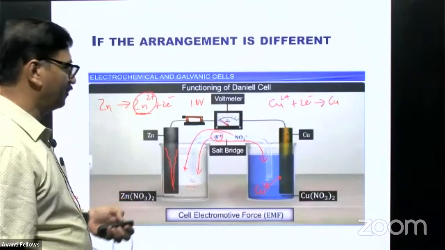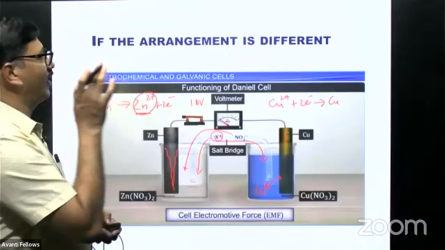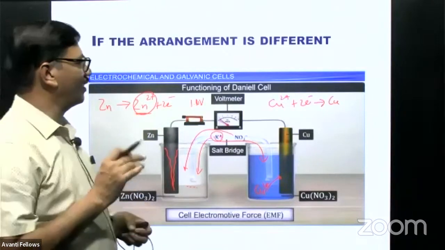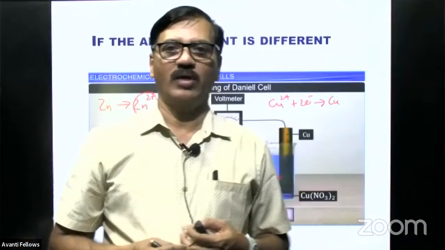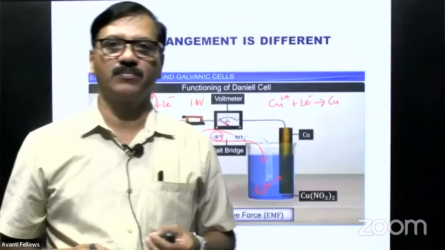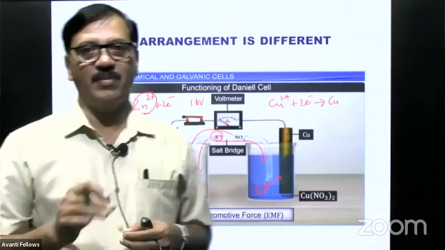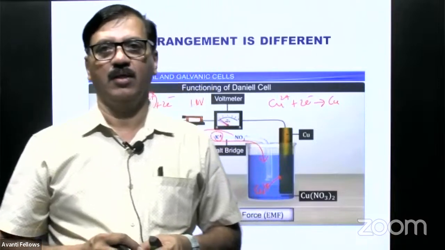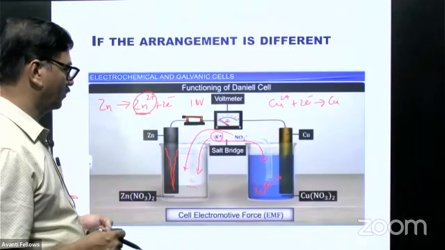So this is what happens when it is done indirectly. This is called an electrochemical cell or galvanic cell, in which chemical energy is converted into electrical energy.